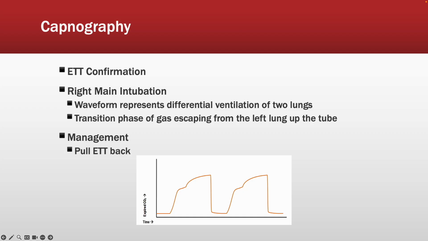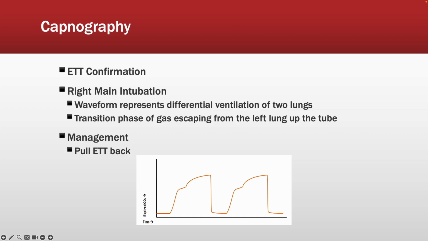Right main stem intubation. So sometimes you're in the trachea, you're in the lungs, but you've gone too deep. And the way the lungs are, at the bifurcation of the carina, it's much easier for that tube to go down the right side than the left side. So if they go too deep, it's almost always going to be a right main stem intubation.